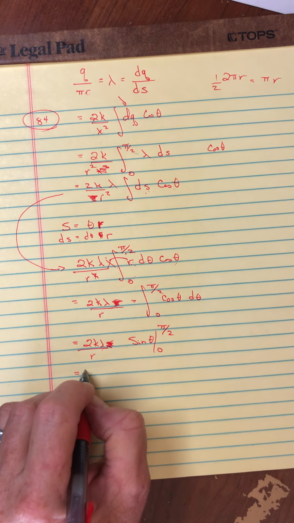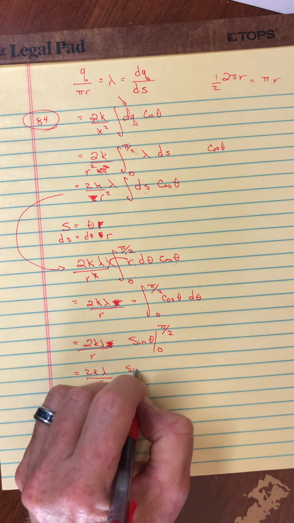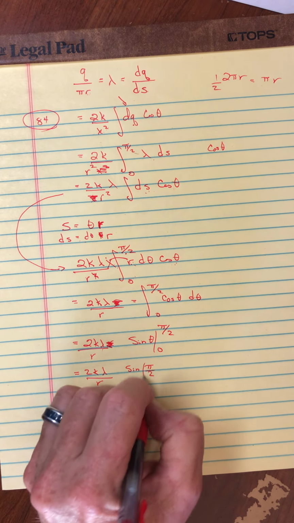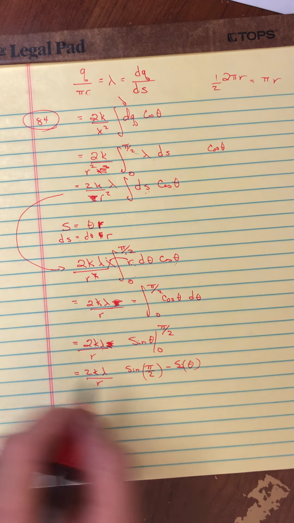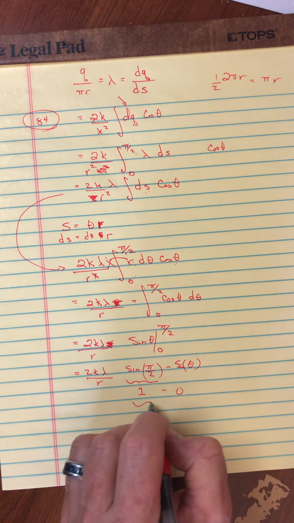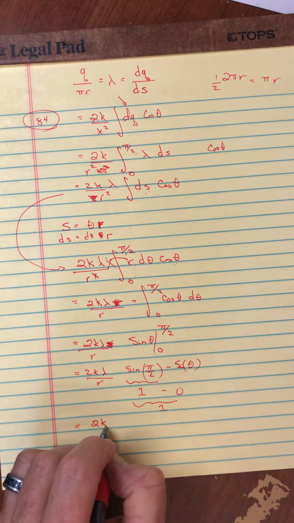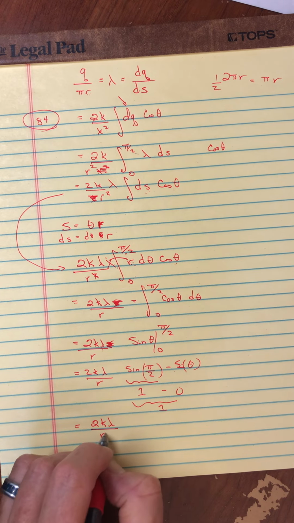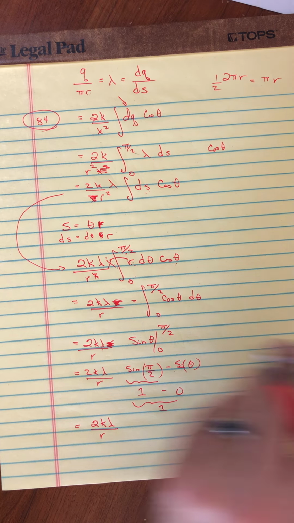And then fortunately, that just becomes sine of pi over 2 minus sine of 0. Which the sine of pi over 2 is 1 minus the sine of 0, which is 0, which makes that all equal to 1. And so I get 2 times Coulomb's constant times lambda over r. And so there would be our answer. And I think that's the final answer.